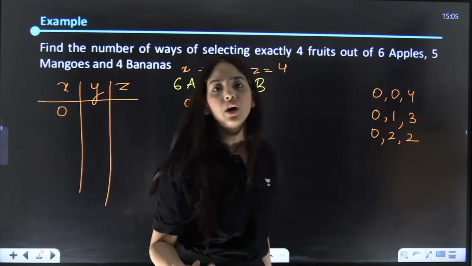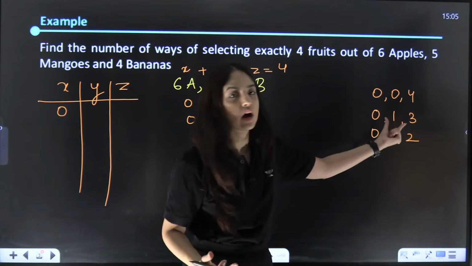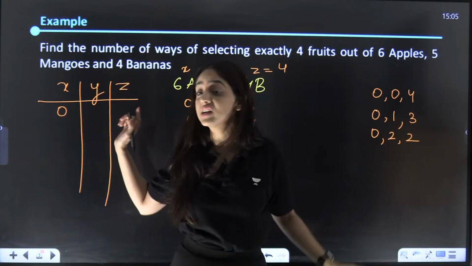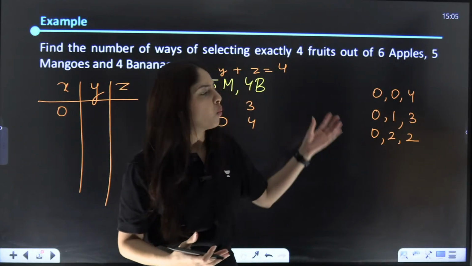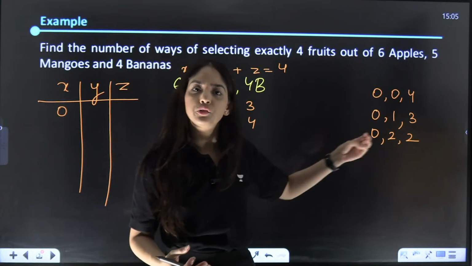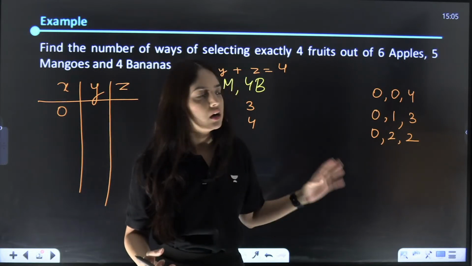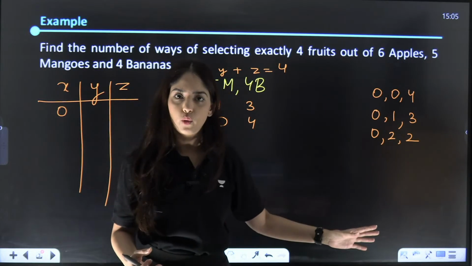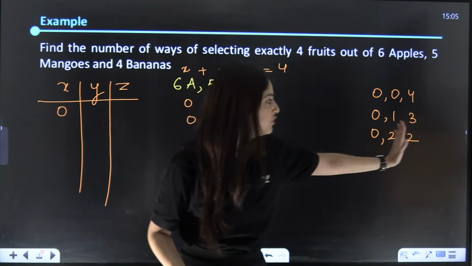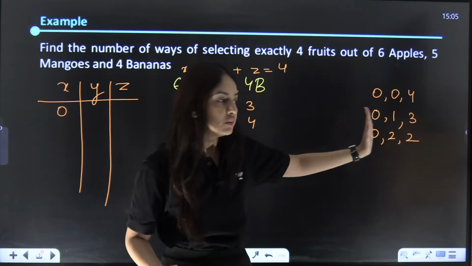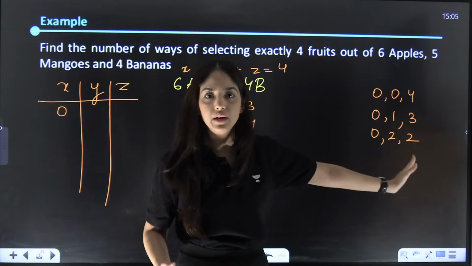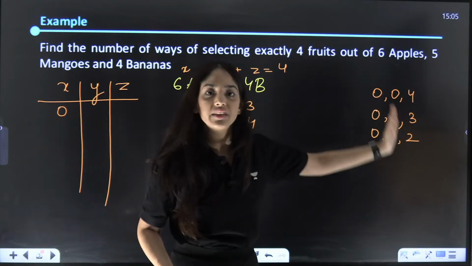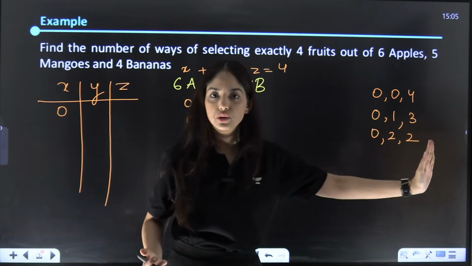Now I will not count 0, 3, 1 because I've already counted it, because the order doesn't matter. I'm just checking what 3 numbers can I pick so that their sum is 4. Okay, so we are only following the increasing order. We will not follow 0, 3, 1 because that will increase and then decrease. So it always has to be increasing.